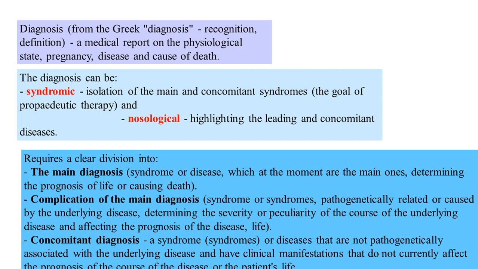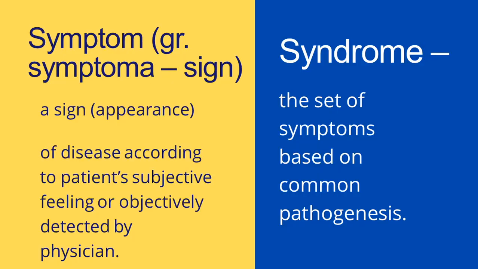Example: bronchial asthma may have a complication such as respiratory failure, and a concomitant diagnosis is a syndrome or disease that is not pathogenetically associated with the underlying disease. For example, bronchial asthma is the main diagnosis. Respiratory failure is a complication of the main diagnosis, and a concomitant diagnosis is arterial hypertension or maybe myocardial infarction. They are not related to each other.